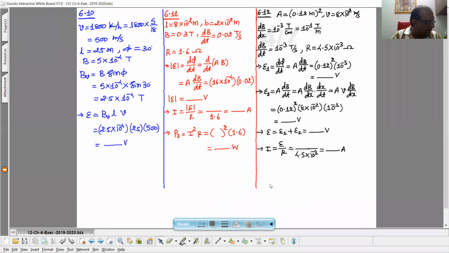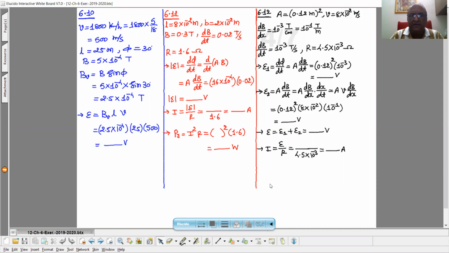6.10. A jet plane is traveling towards west at a speed of 1800 km per hour. What is the voltage difference developed between the ends of the wing having a span of 25 meters, if the Earth's magnetic field at the location has a magnitude of 5 into 10 raised to minus 4 Tesla and the dip angle is 30?